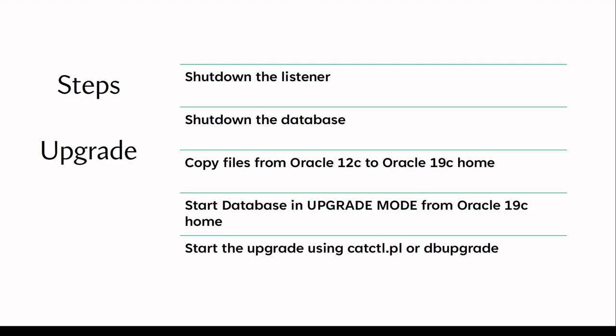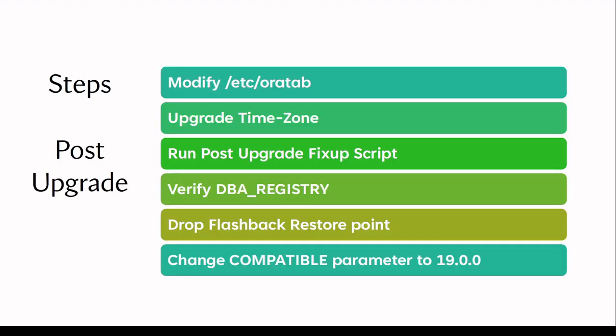Then we will be upgrading the database, and there are two options. Either we can use the Perl utility or the DB upgrade utility. It's your choice, you can do it any way that you want. Once that is done, modify the /etc/oratab file. Now /etc/oratab should point to the new 19c Home.